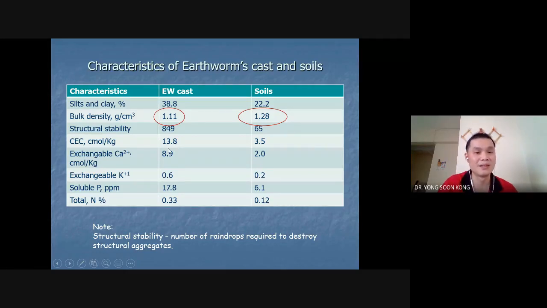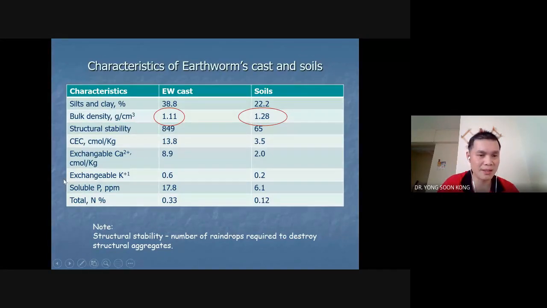Yeah. And then, of course, when you look at exchangeable calcium and exchangeable potassium, do you understand why we are discussing this? Because when it is called exchangeable, that means this calcium and this potassium, as well as this phosphorus, soluble, it's almost equivalent to exchangeable ones.